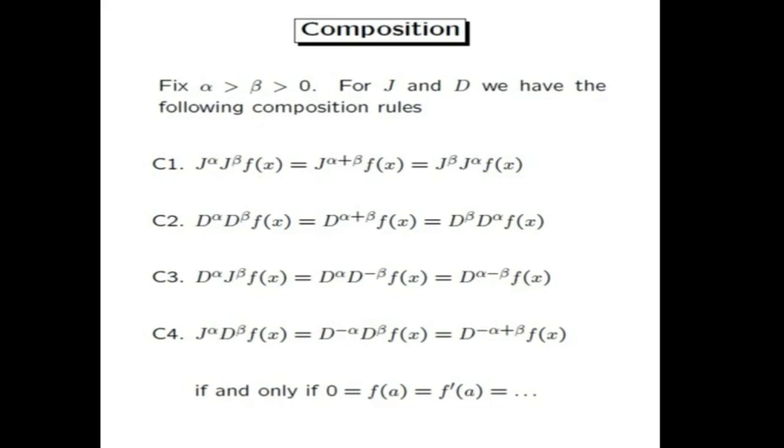Okay, the same is true for the derivative operator, and the same is true for the derivative first, as long as it is greater order than the integral operator. And C4 is true only if the transient terms vanish, which means in this case this, you can see, resembles the semi-group property once again.